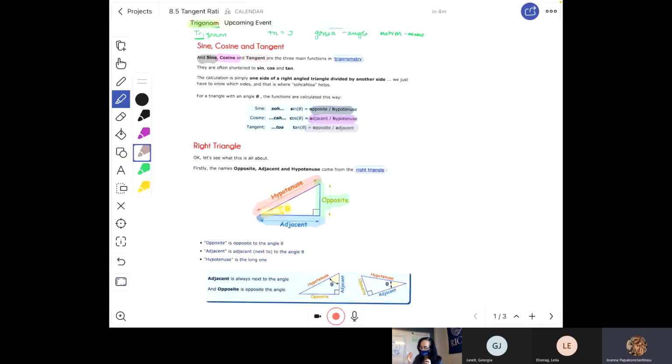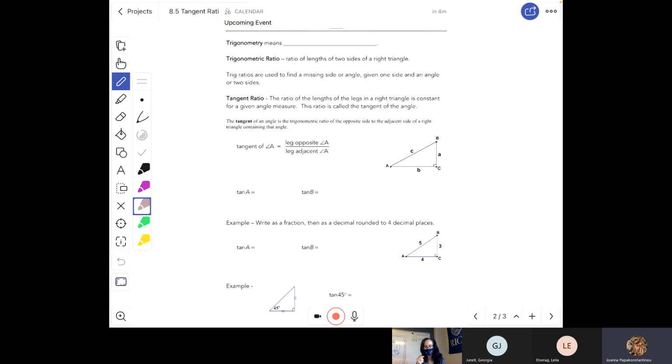Does that make sense? So we will look at sine and we will look at cosine next week. Today, we are focusing on tangent. Okay? So let's go ahead and do that.